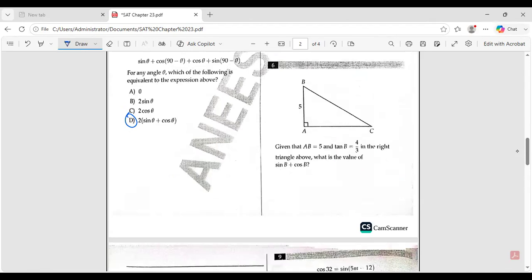Now, let's move on to question number 6. What is the answer to question number 6? 6/5. 6 divided by 5 is 1.2, but the correct answer is 1.4.